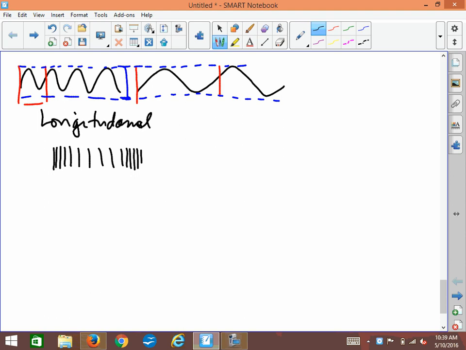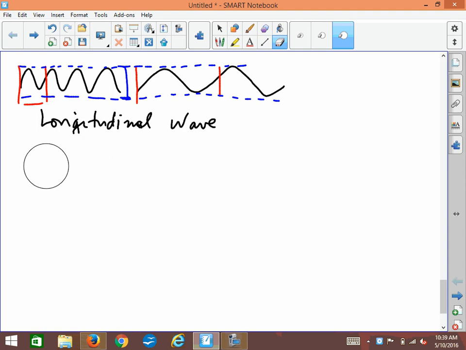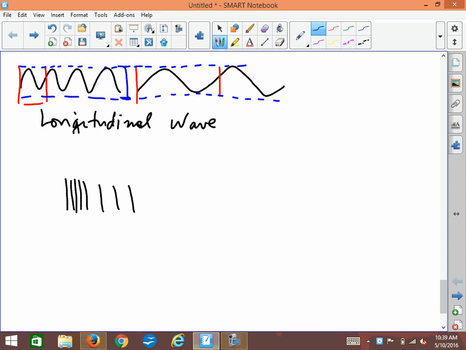Let's spell everything right so we don't get the English teachers upset. Longitudinal wave. And maybe I'll just move it down a bit so we're not too tight there. All right. So we have a compression and a rarefaction, compression, rarefaction, compression, rarefaction, and so on.